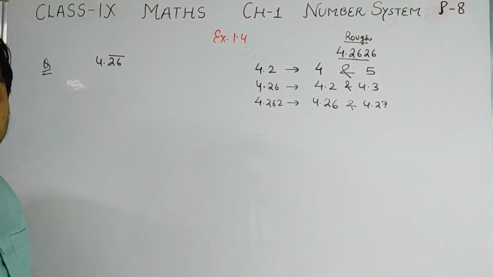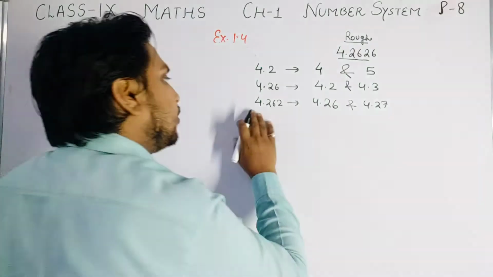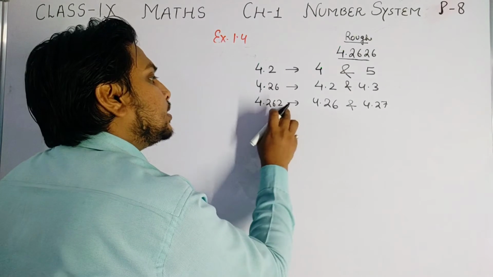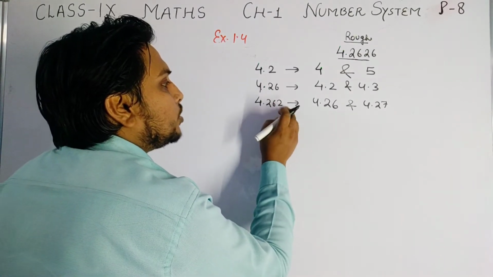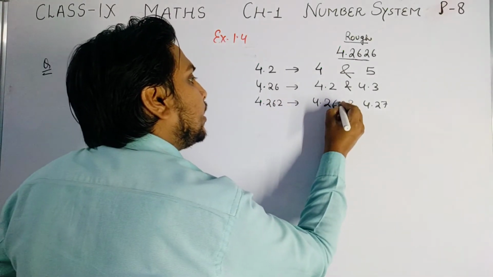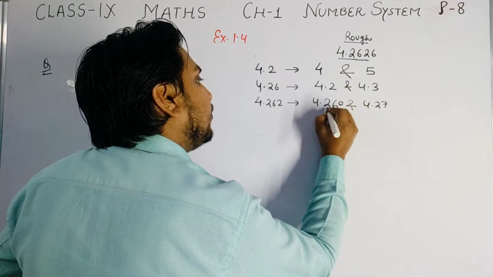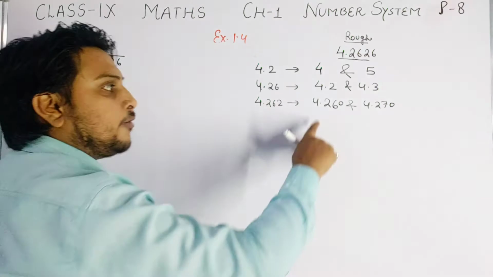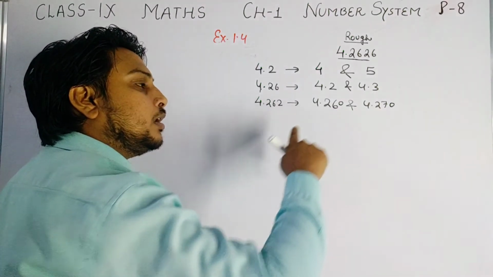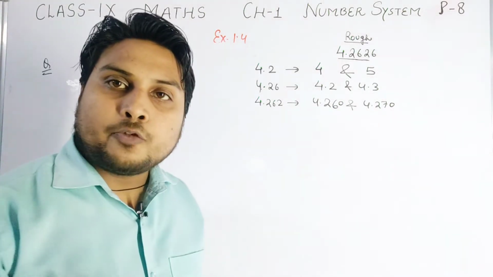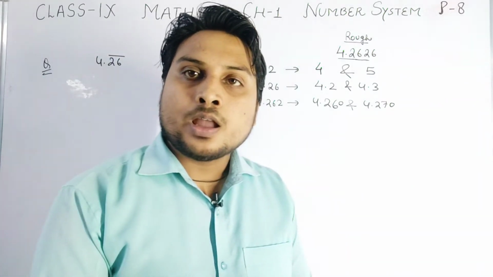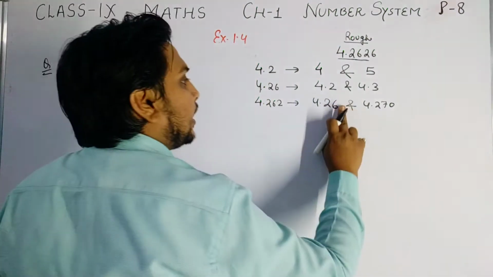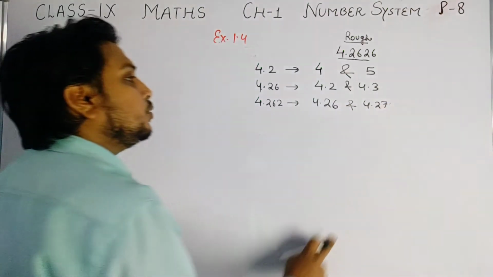It is as simple as that. You just have to think in between which two numbers the number will lie. Like 4.262, you can think it will be in between 4.260 and 4.270. After 4.260, the numbers are like 4.261, 4.262, 4.263, 4.264, like this. That's why I have written 4.26 and 4.27.